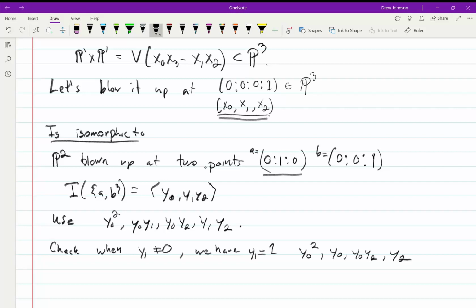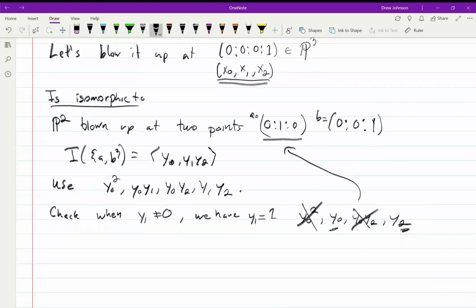Okay, and this we can go away because it's already generated here by this, and this can go away too. So it's just y0 and y2, and that's exactly the point A that we want. All right, and similarly, you can check the same thing for B.